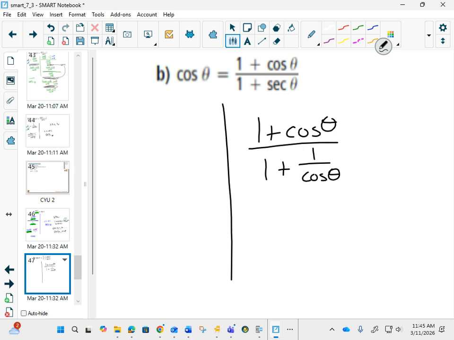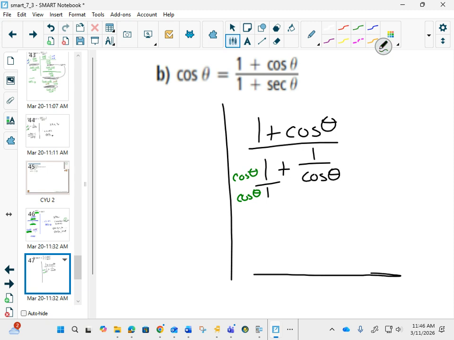And then I need to get a single fraction. I have, right now, fractions inside of fractions. So I need to get a single fraction on the top. I need to get a single fraction on the bottom. Technically, the top, being 1 plus cos theta, is a single fraction. I could write it as 1 plus cos theta all over 1. The bottom, though, is a fraction plus a fraction. I need a common denominator, so I have to multiply this by cos theta and cos theta.